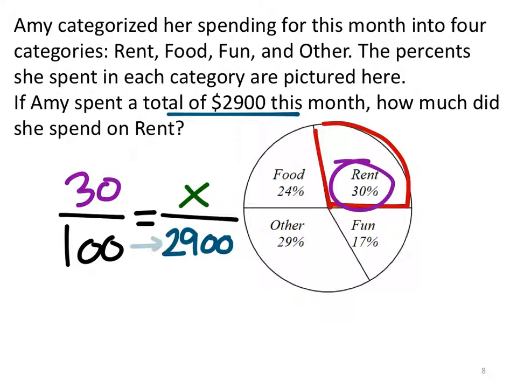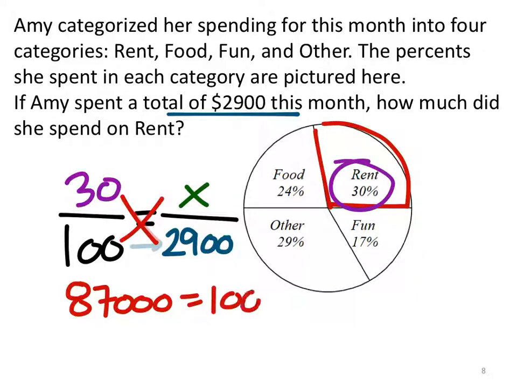That sets this up to solve. I've got 30 times 2,900, which would equal the other cross, 100 times x. I'll divide both sides by 100, and that gives us x, the amount that she spent on rent, at $870.